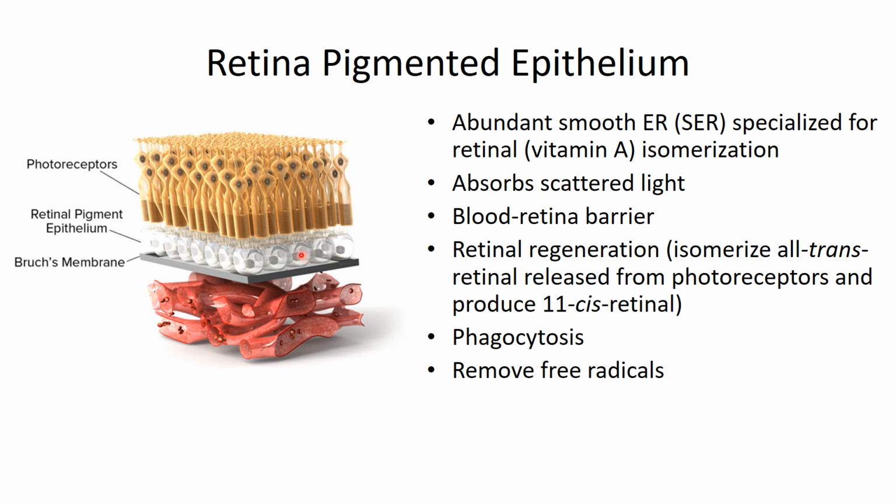Also they absorb the scattered light, assisting the choroid, and they also form the blood retina barrier. The tight junctions between them contribute to the blood retina barrier.